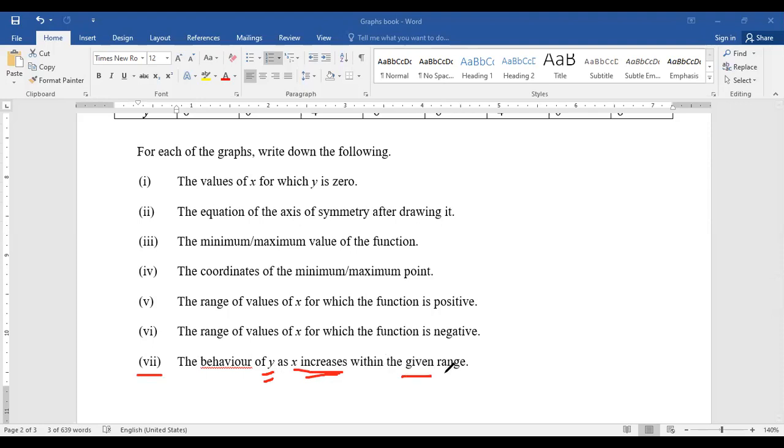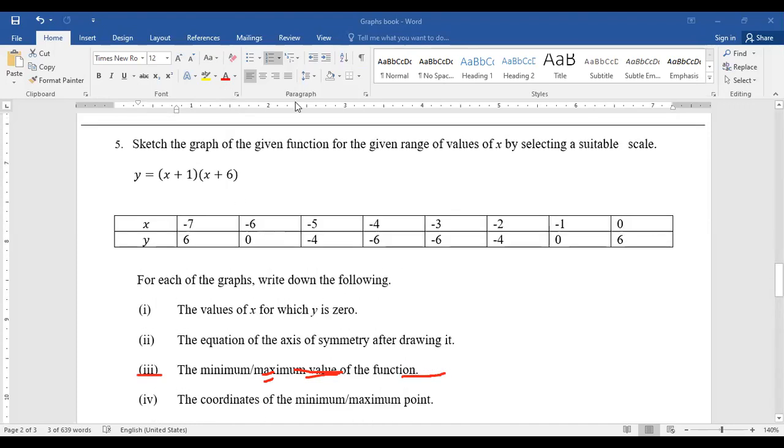So what is the given range? You can see the given range is x from -7 to 0, right? x should increase, that means it should go this way.